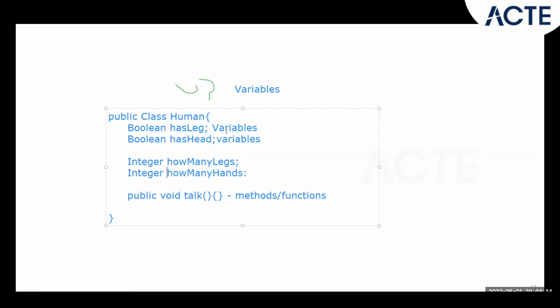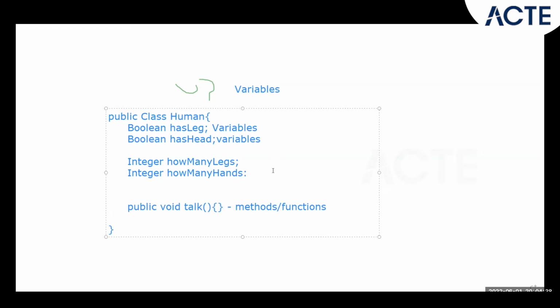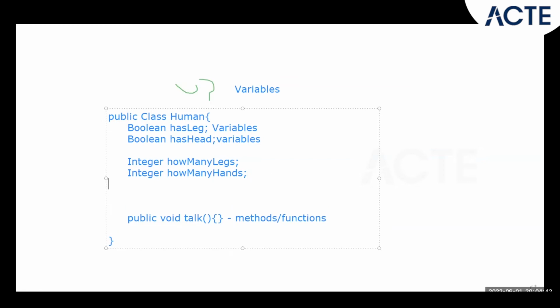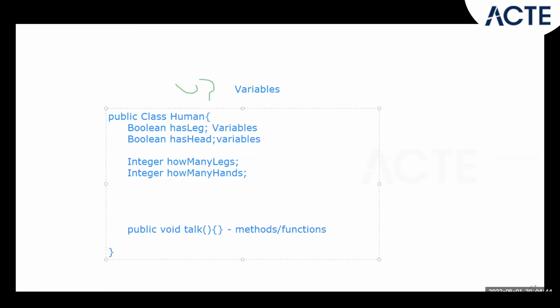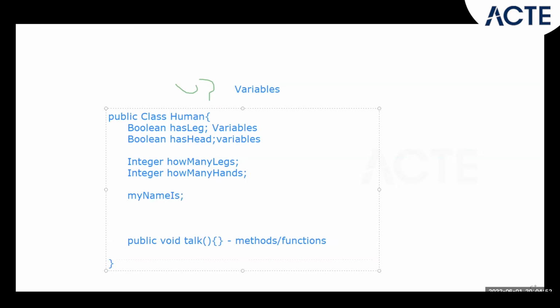If they are a type of string, like name, so my name is, whatever name you want to give, that will be the text type. My address is, whatever it is, will be in the text format.